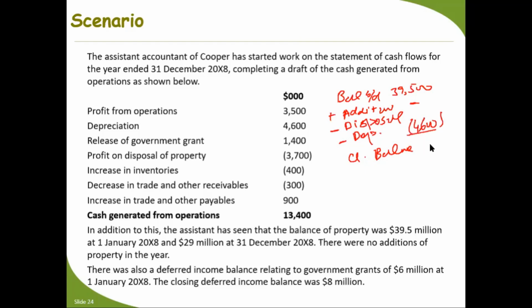And after that, how much closing balance do we have? That is 29,000. So we will do the backward working. 29,000 minus 40, plus 4,600 minus 39,500. So it is how much? 5,900.